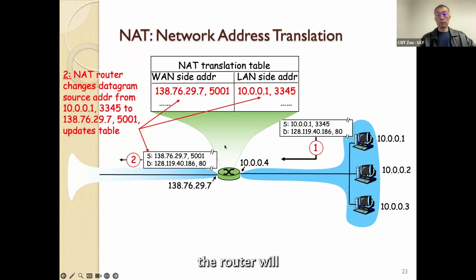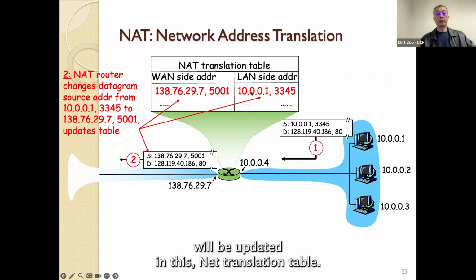it will basically change its source IP address. The original source IP address is this client's private IP address. This IP address will be changed. In addition, the source port will also be changed. And then this changed information will be updated in this NAT translation table.